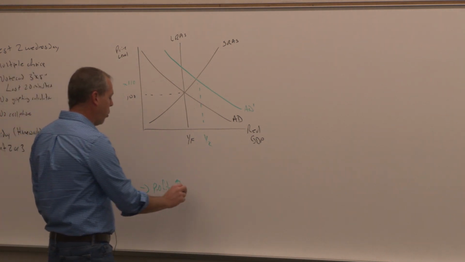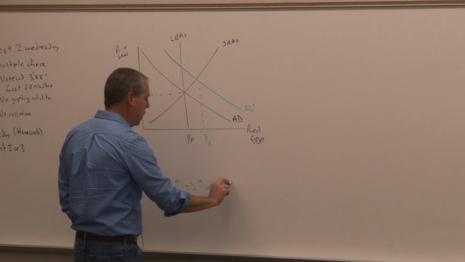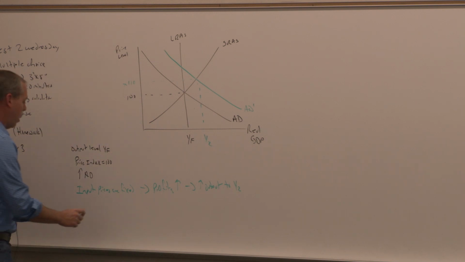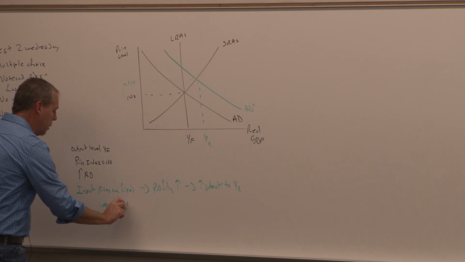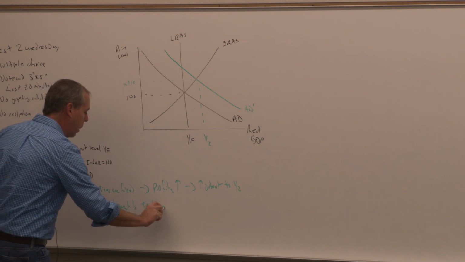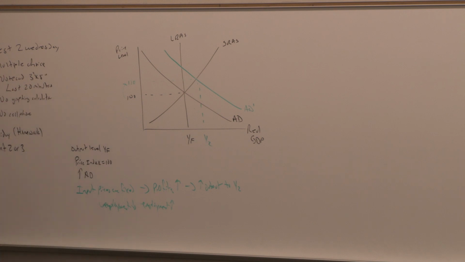So they increase output out here to, say, Y2. But in order to do that, unemployment has to fall, employment rises. Which makes sense if real wages are falling. Firms want to hire more people, not less.